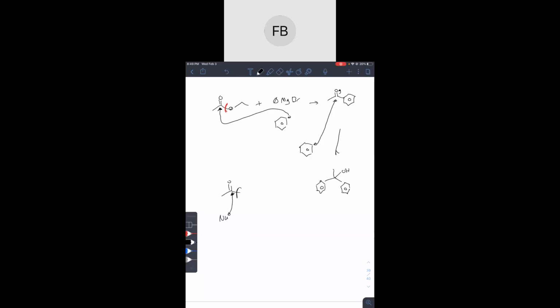You can only break off Cls or Os that are attached to something else. That's the only thing I've seen so far. But don't break off carbons or hydrogens or anything like that. It's all kind of just the same thing.